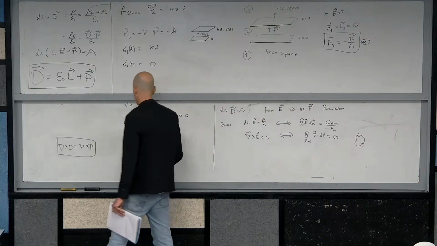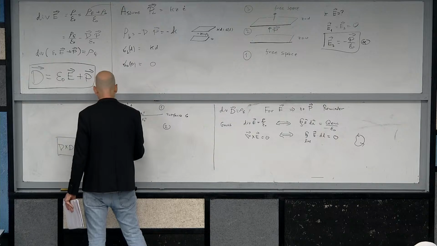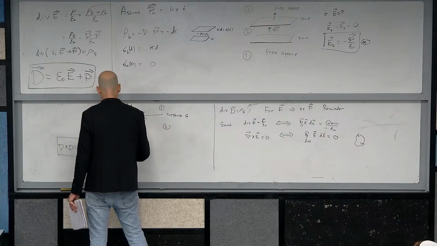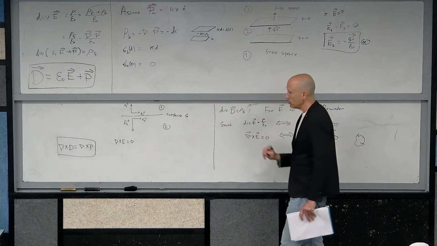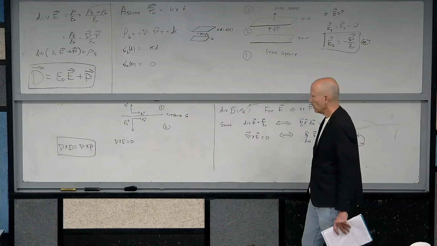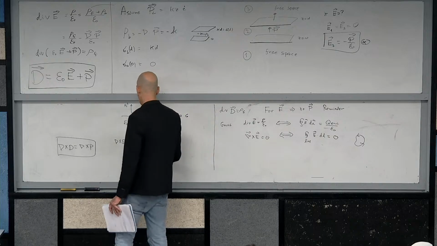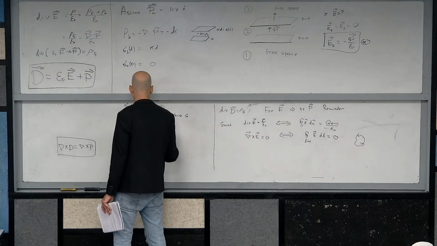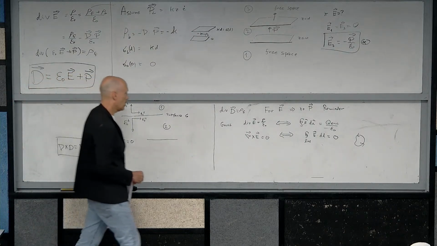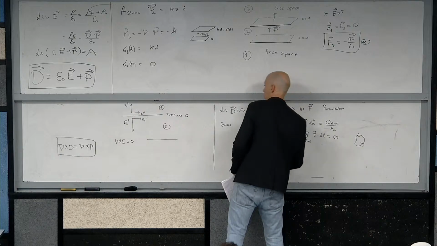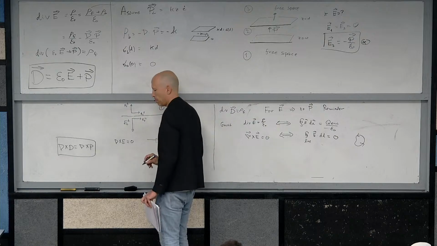So what did we say? From rotor E equals 0, which is again the law that we have to change soon, we said, okay, this is the surface, and we are going to use the line integral, and we do it on a box.